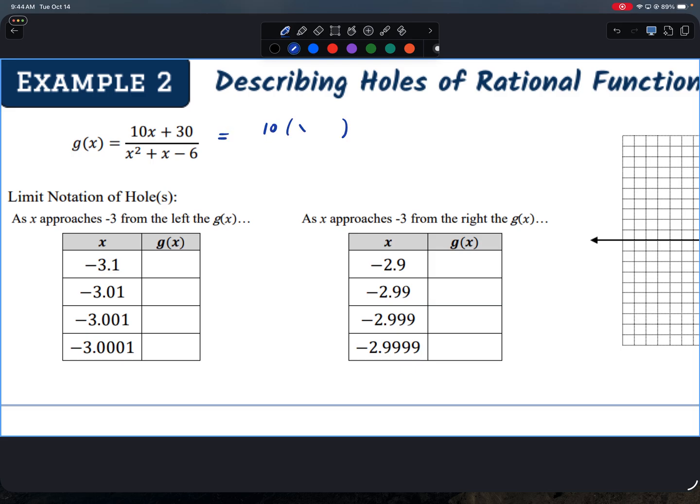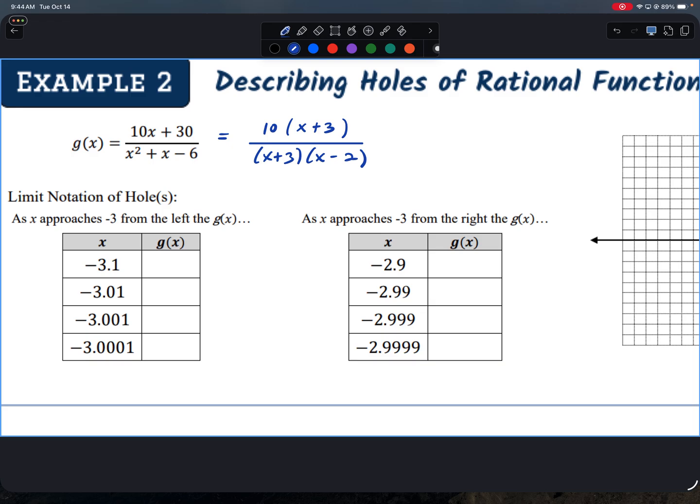X plus 3, good. And on the bottom, does it factor? Thank you. Does it factor? What does it factor to? Good.